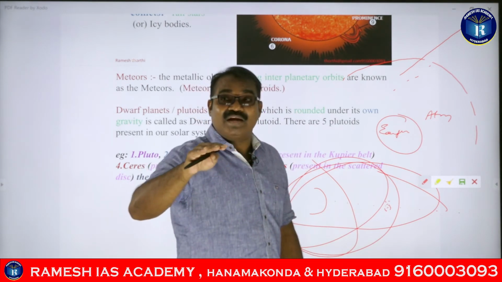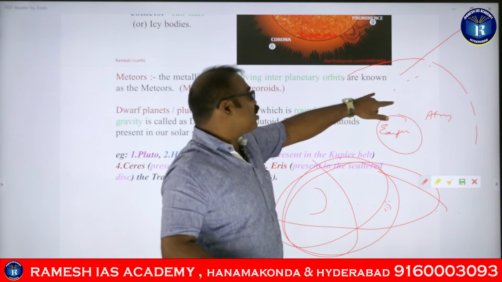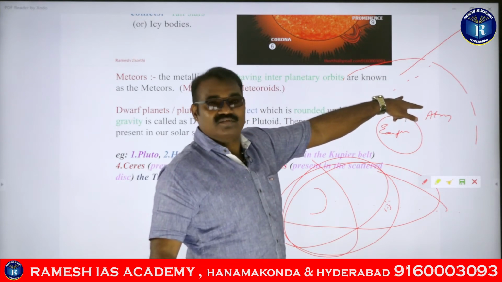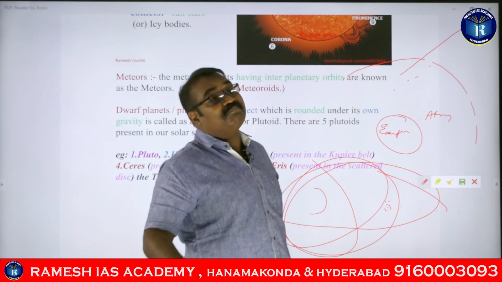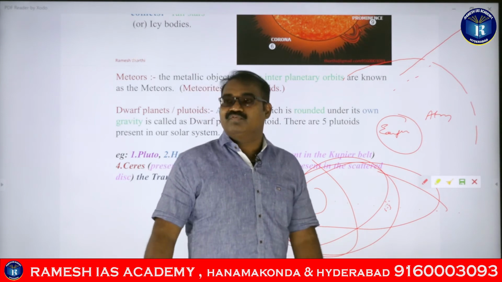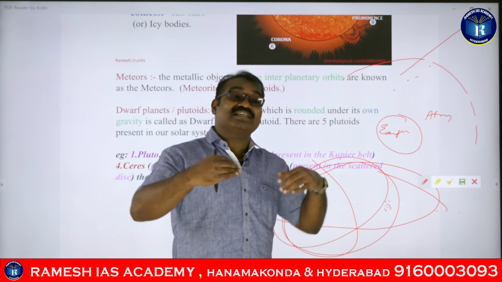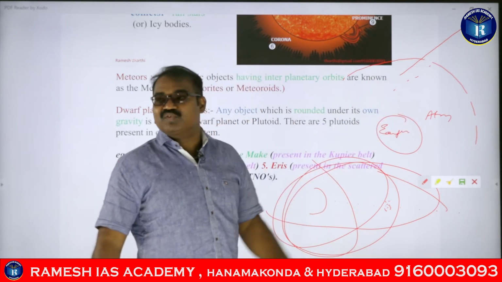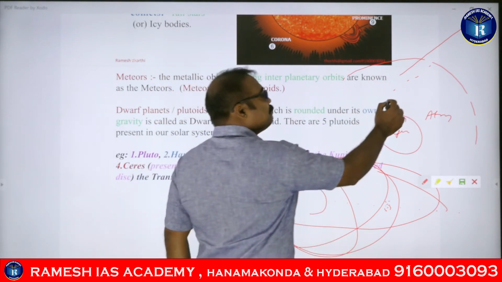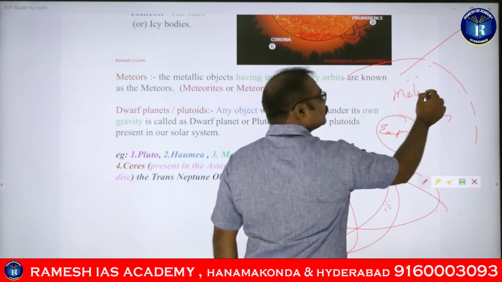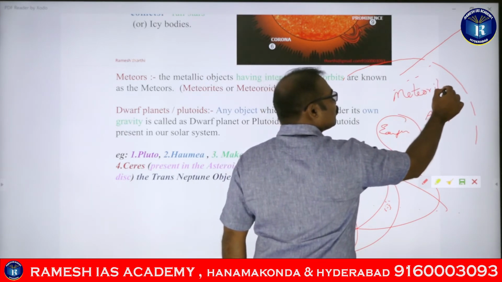Okay, so what happened? The friction caused by the dust particles will make them get burned off, guys. When the meteors get burned off within the atmosphere, they will be called meteorites.